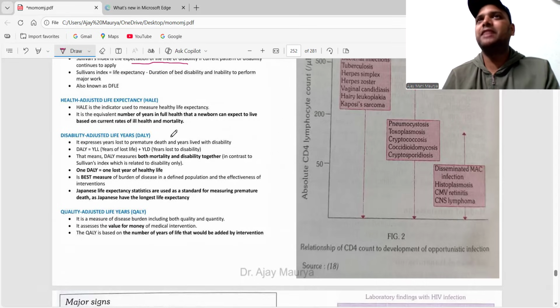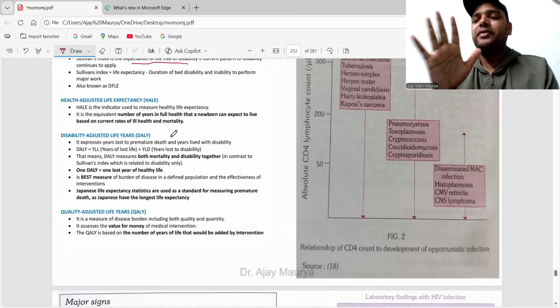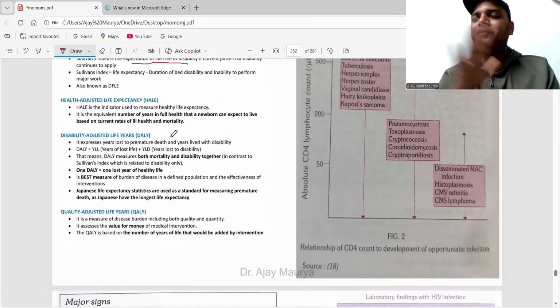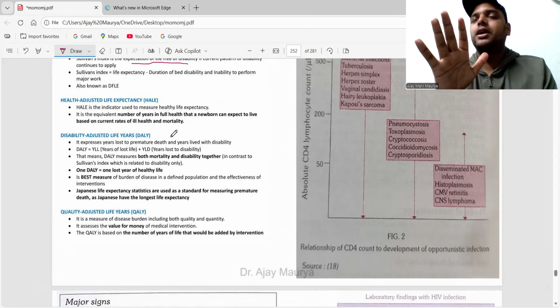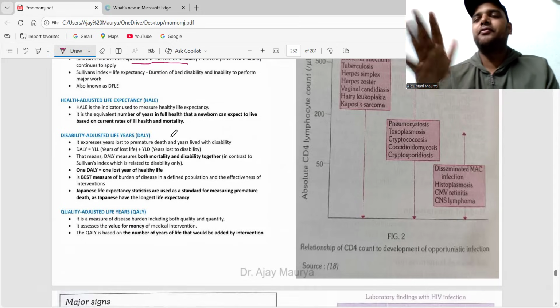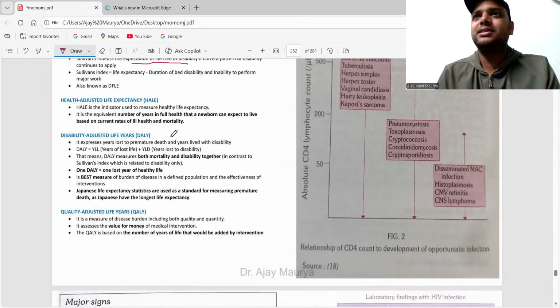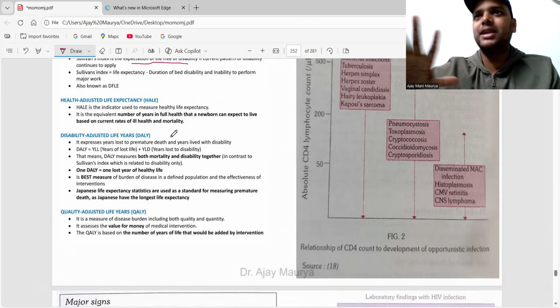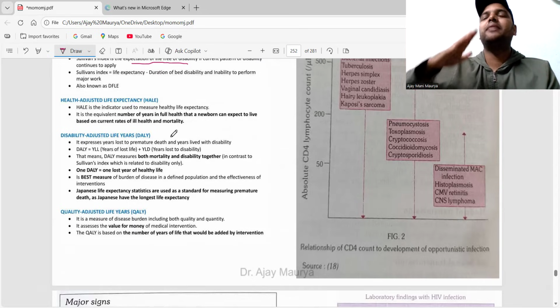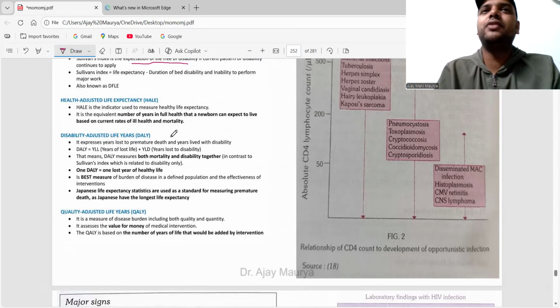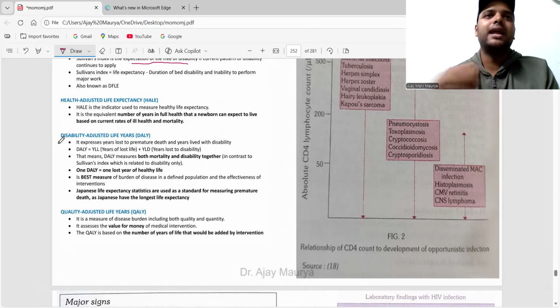The expected life of an Indian is 65 to 70 only. So 54 years you stayed healthy, and the remaining years you stay unhealthy, the years lost to disability. That is the DALY.